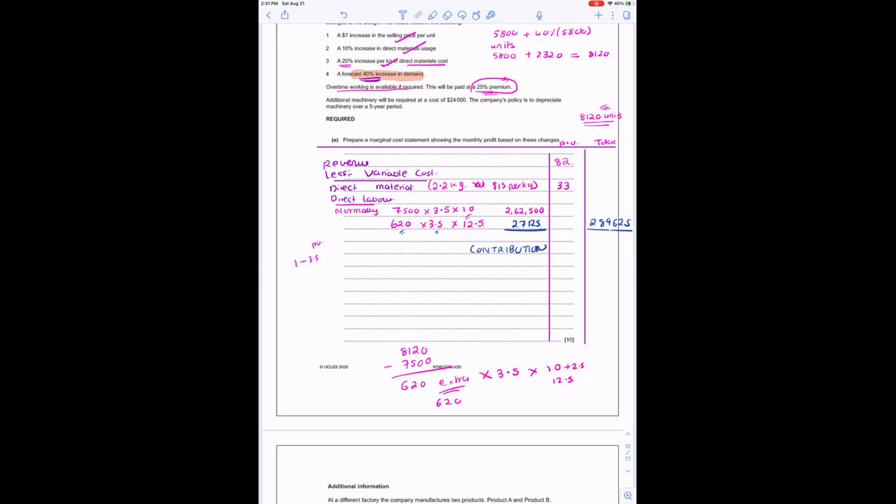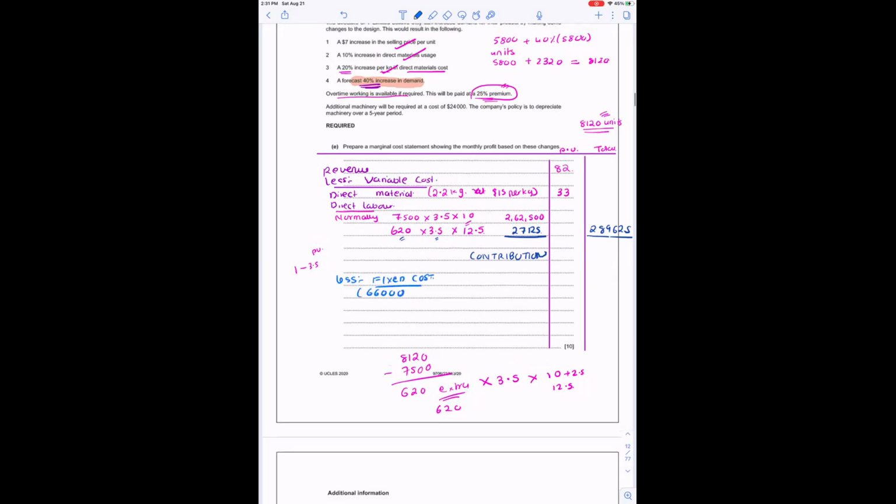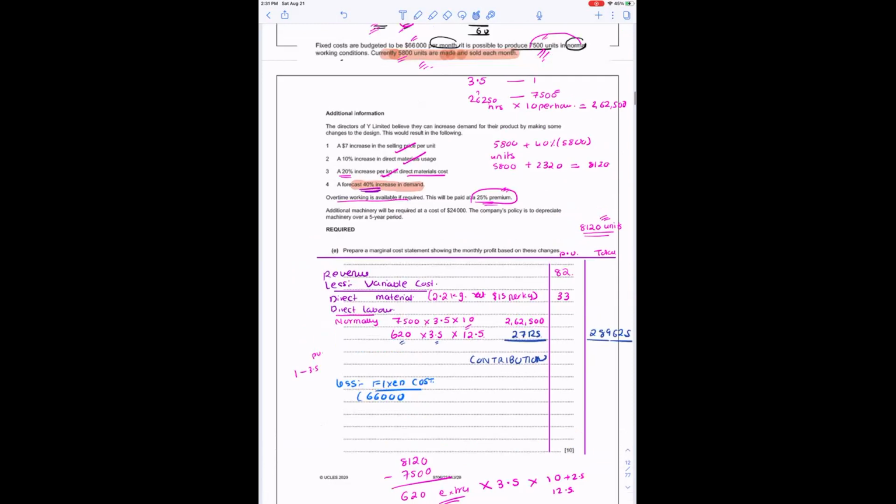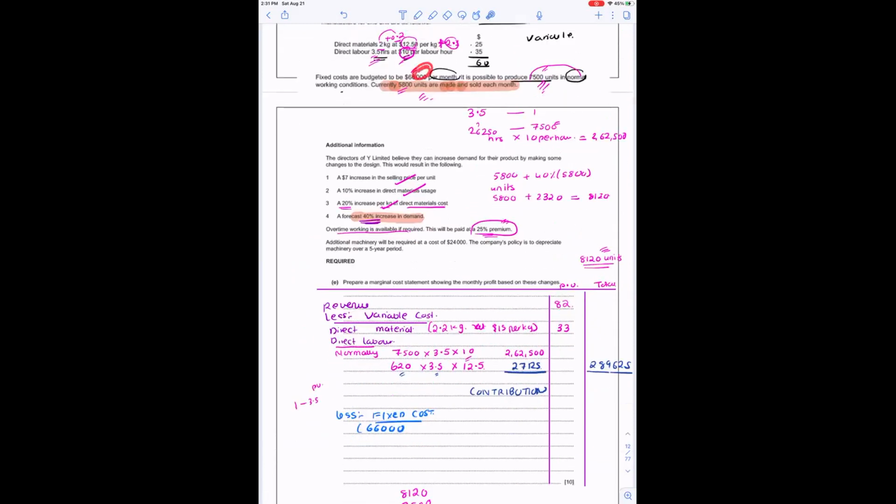Less the fixed cost. What is the fixed cost? The initial fixed cost was 66,000. So what is the initial fixed cost? 66,000 was the original one. What is the new fixed cost? They're buying in additional machinery for 24,000.